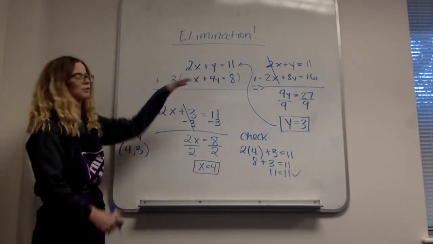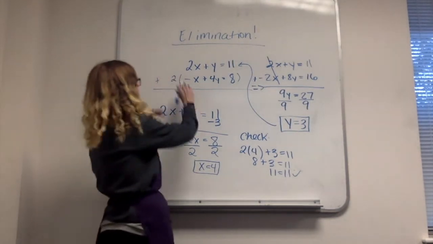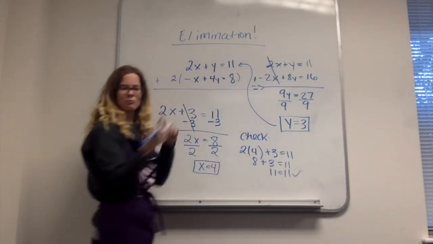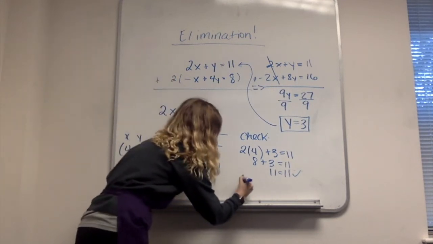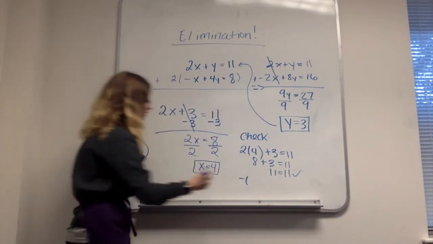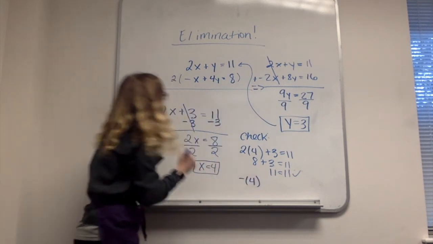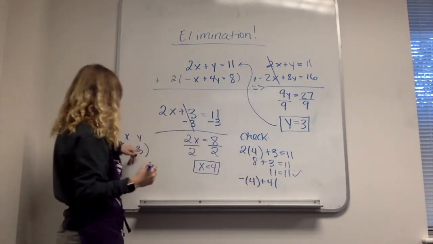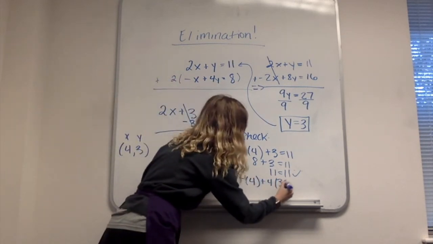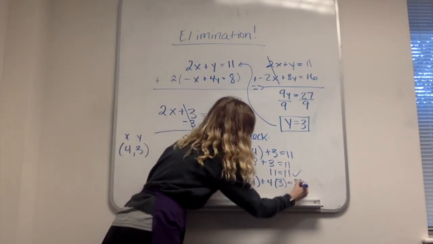Then we have to do our last one. Now, when we plug it in, we're going to use our original. So we're going to kind of ignore that we multiplied it by 2 and plug it into the original. So we have negative x. So our x was 4 plus 4y. And our y was 3. Does that equal 8?